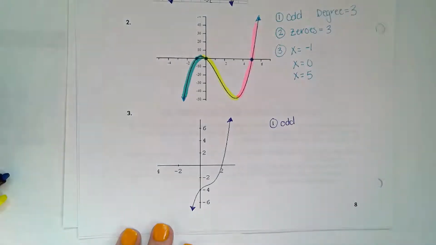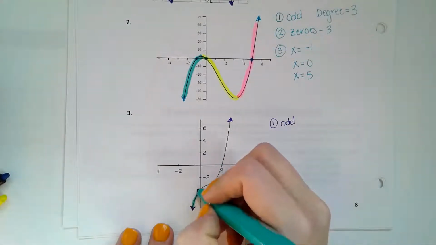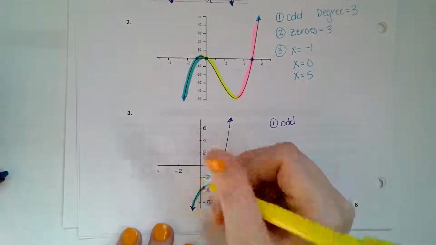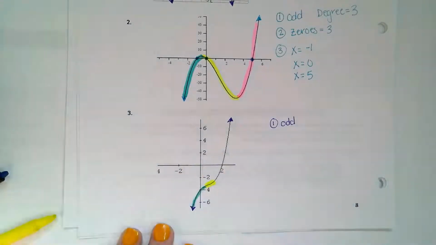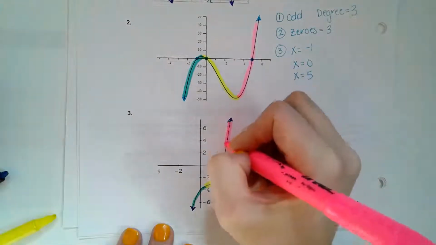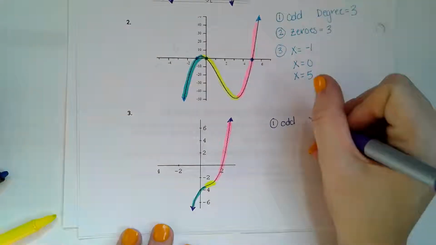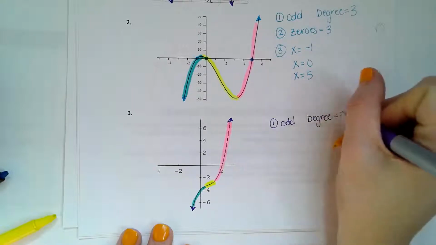And our degree: 1. Now this is kind of tricky here because it flatlines a little bit. So here's our second part, but then it changes to going back up again. So that's a degree of 3. So be careful with ones like that.